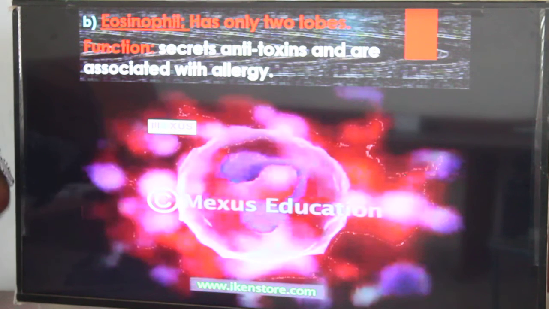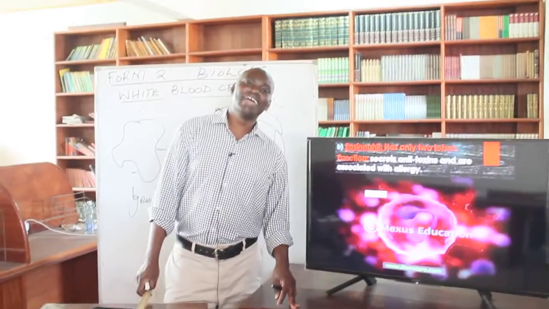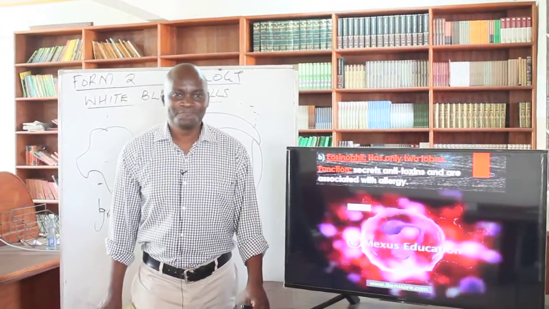These ones normally release secretions which are called antitoxins. Remember, toxin means poisonous. So when we talk of antitoxin, it is something which neutralizes the toxins, the poisonous chemicals that are released by the pathogens.